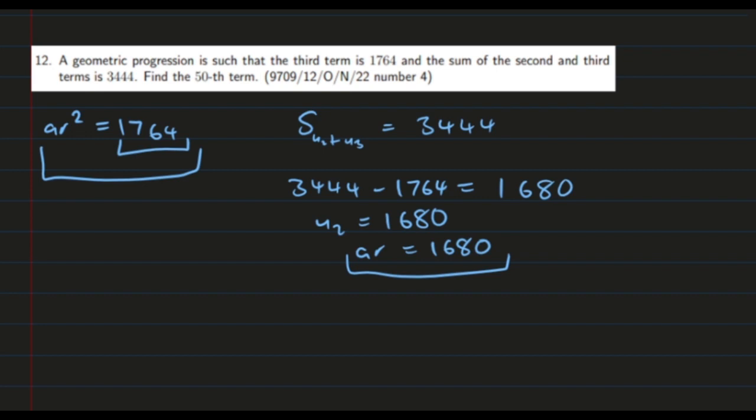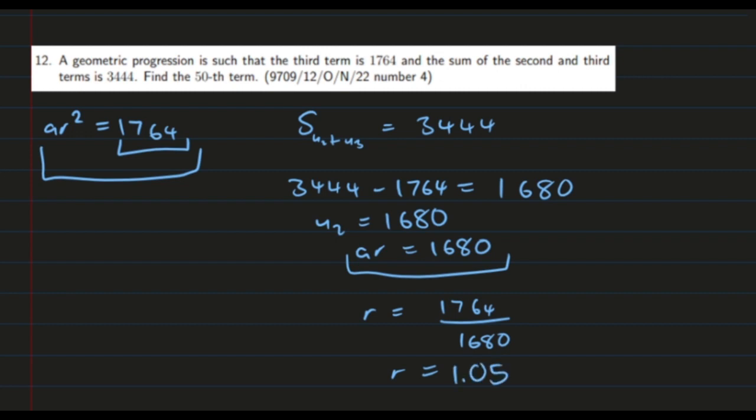Now we have two equations in terms of a and r, and we can evaluate our values for r and a. To find r, we say ar squared, 1764, over ar, which is 1680. Punching that in the calculator, 1764 over 1680 is 21 over 20, or 1.05.